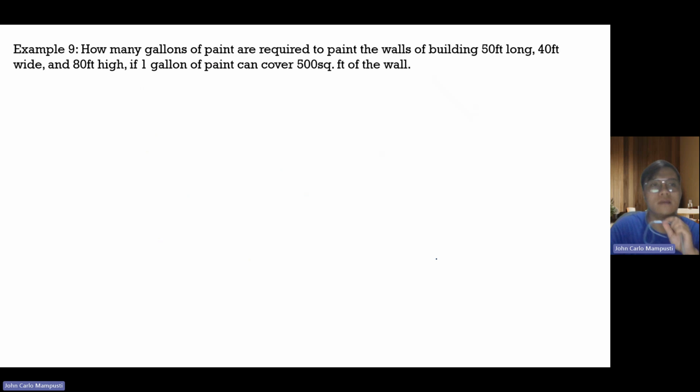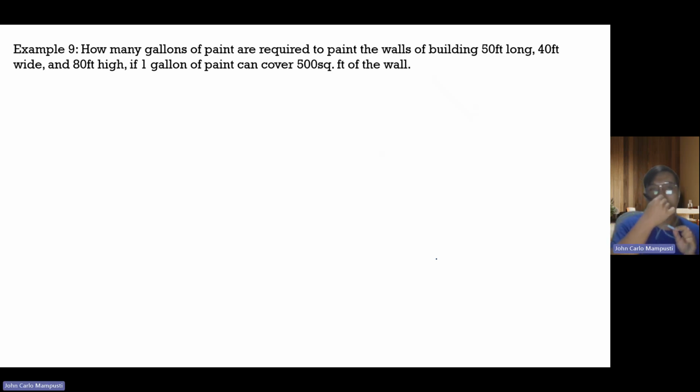The next one, how many gallons of paint are required to paint the walls of the building 50 feet long, 40 feet wide, and 80 feet high? If 1 gallon of paint can cover 500 square feet of wall.